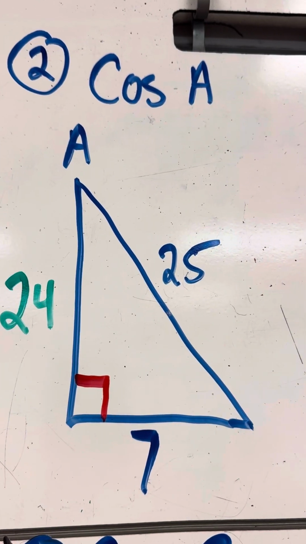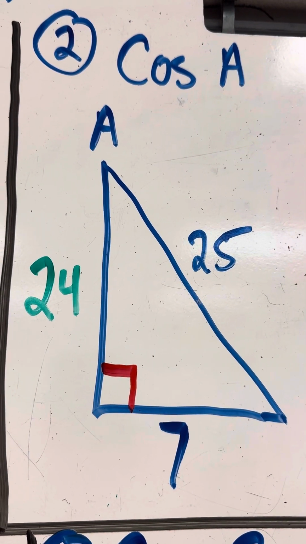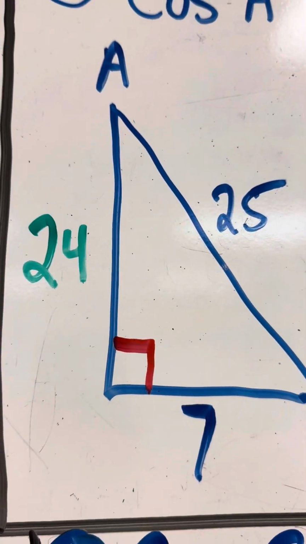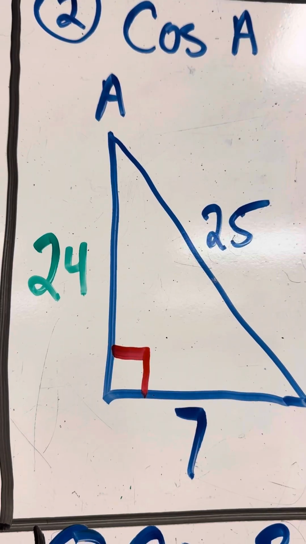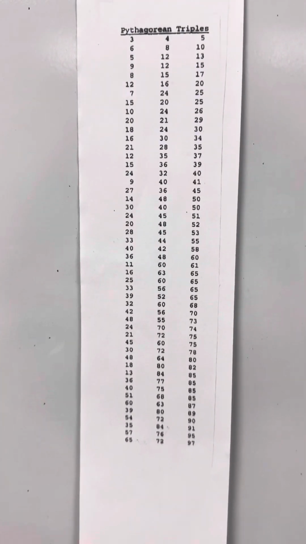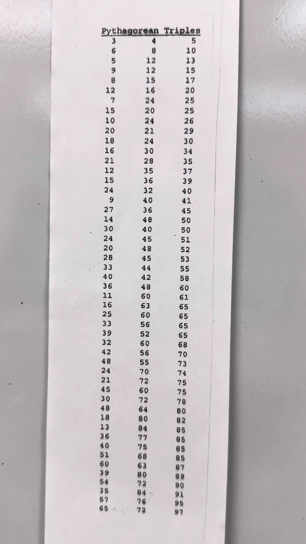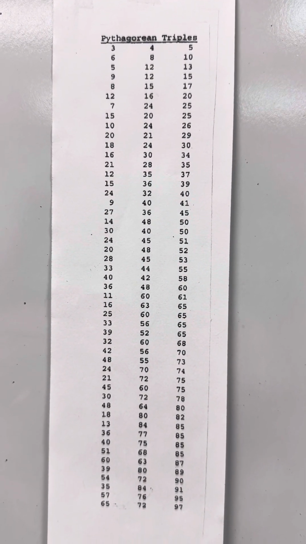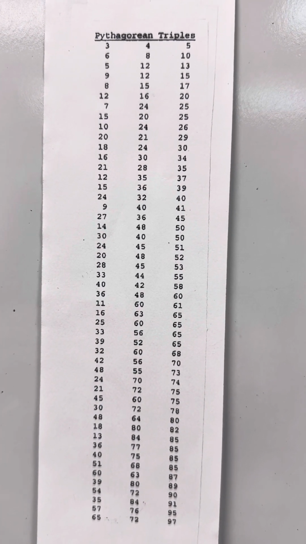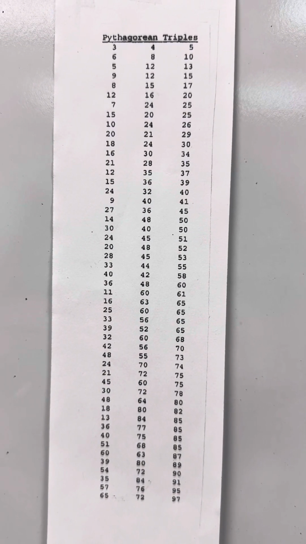So now you have to do 7 squared plus b squared equals 25 squared in order to figure out that this is 24. However, I gave you a cheat sheet, which I asked you to take a picture of. If you did not get this cheat sheet, please hit pause and get a screenshot of this chart right here, because it's giving you all of the Pythagorean triples that you will need.